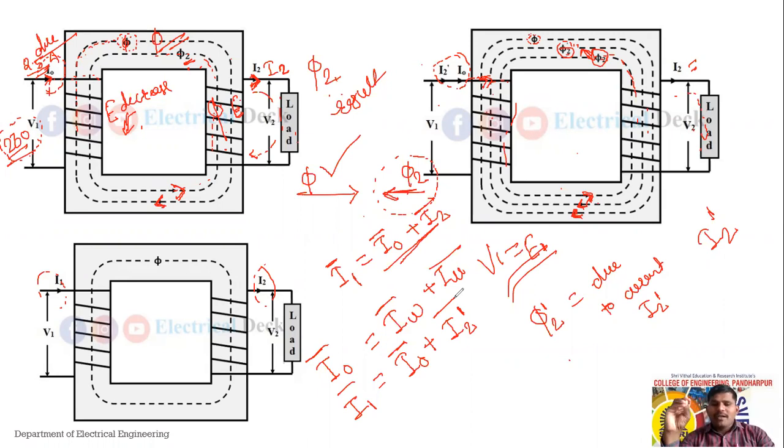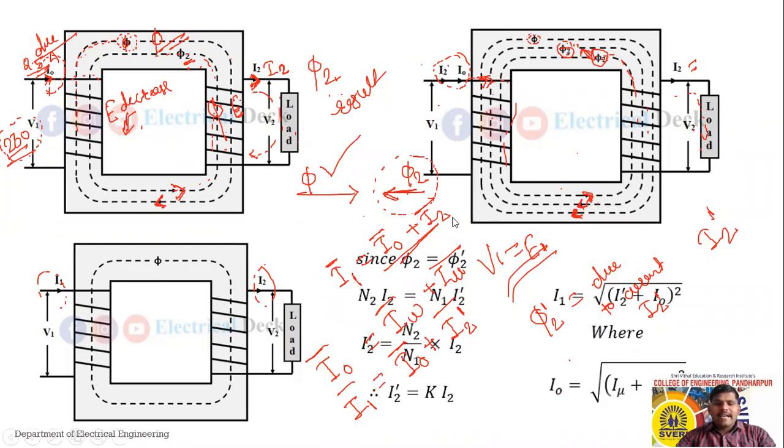In case of load condition, I1 bar equals I0 bar plus I2 dash bar, and in case of no load condition, I0 bar equals IW plus I mu. Okay, so this is the conclusion regarding no load and full load condition, and only the resultant value of flux remains in case of this load condition.